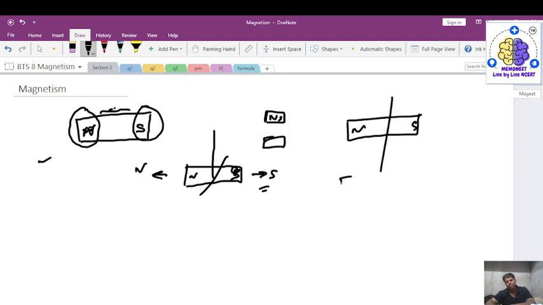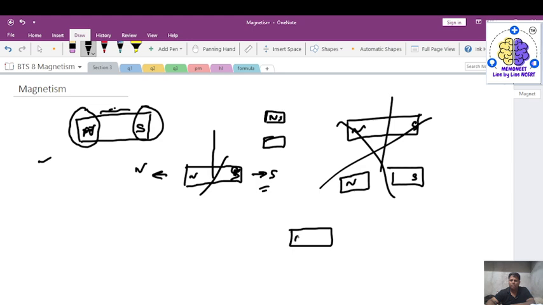It is not possible that one part would be only north and the other only south. If you break a magnet into two parts, each part will always have both poles, a north pole and a south pole.